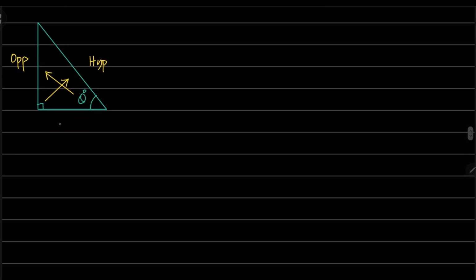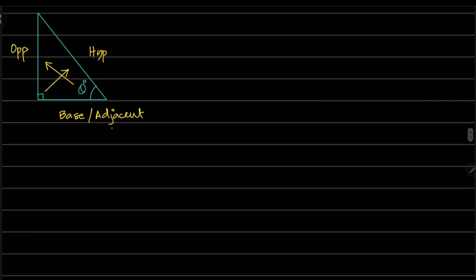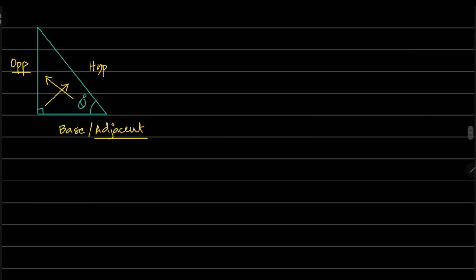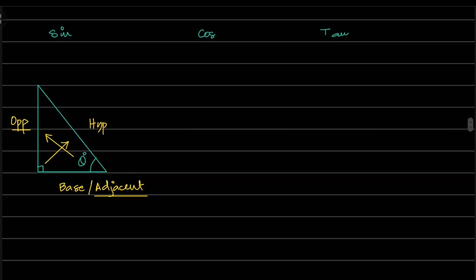Okay, and this side will be your base side, or the adjacent side. Alright, now we're going to be using this more often in this case, and we'll be using this opposite word more often in this case.